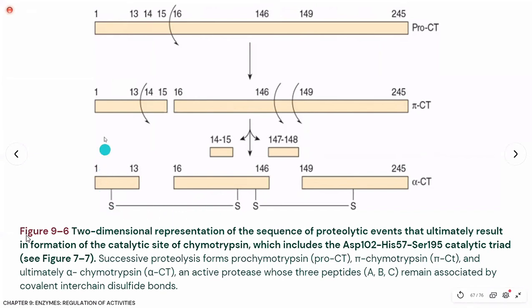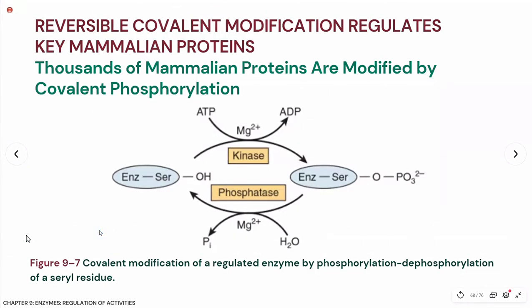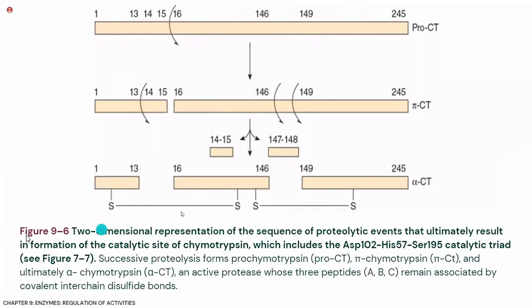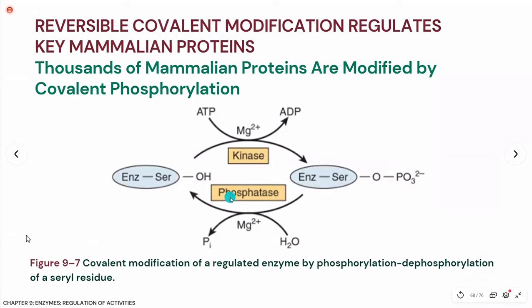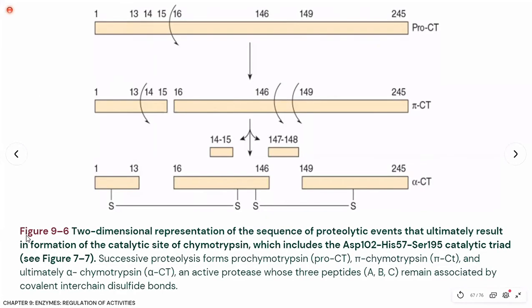You have a cysteine and another cysteine in this area that form a disulfide bond, and also another disulfide bond in here. Before 146, you have a cysteine residue and another cysteine residue here.